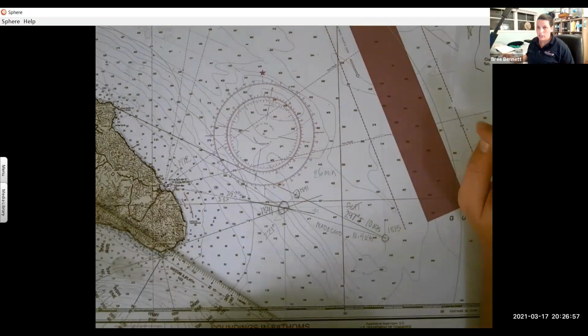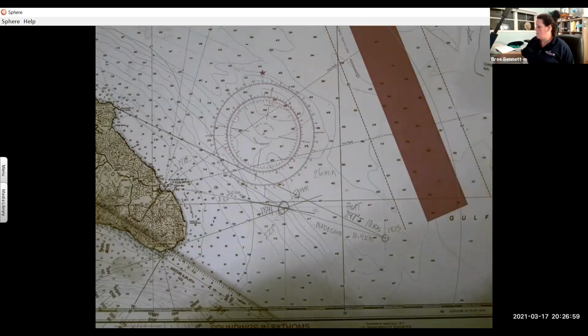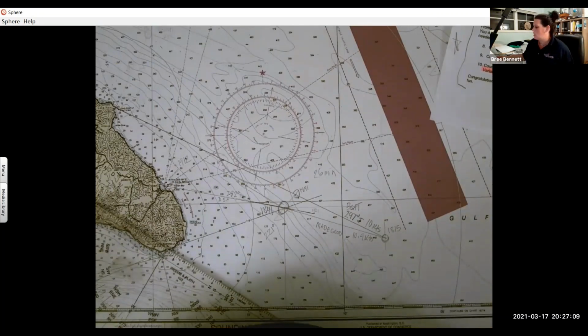Okay, so for day 2 assignment, I have deleted all of the parts of the questions where it gives you your deviation and your variation. We should be able to figure out how to get deviation and variation on our own by now, right?